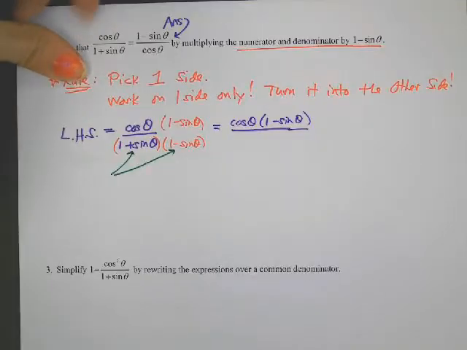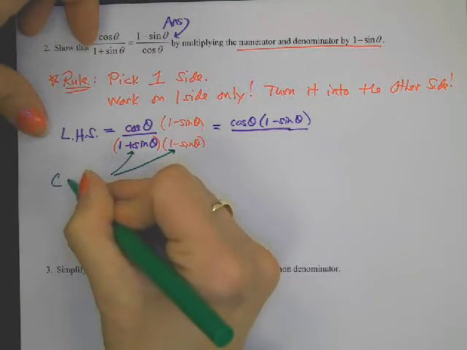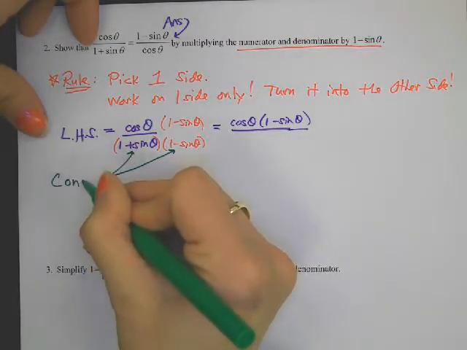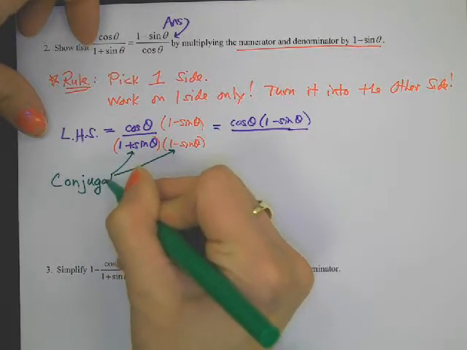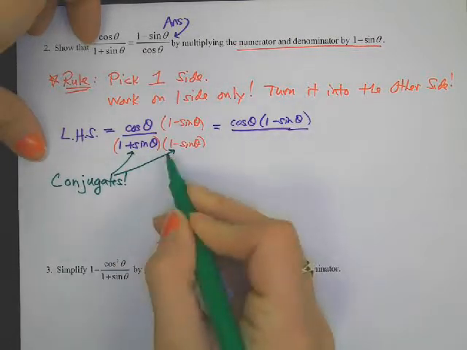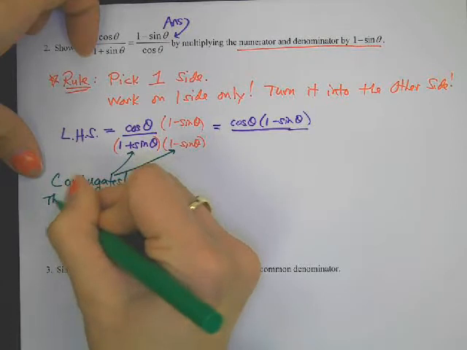Who remembers what that's called? It starts with a C. O-N. Conjugates. Okay, conjugates. And what's so awesome about multiplying conjugates?